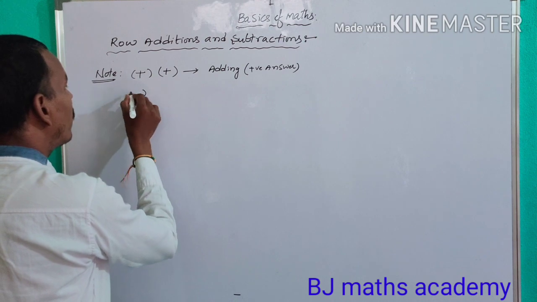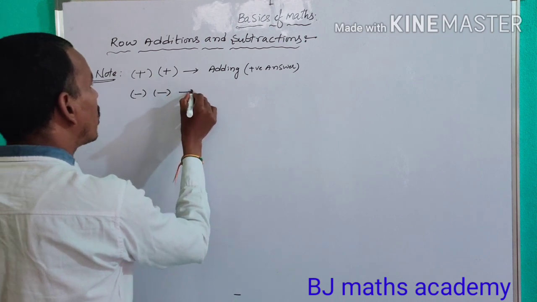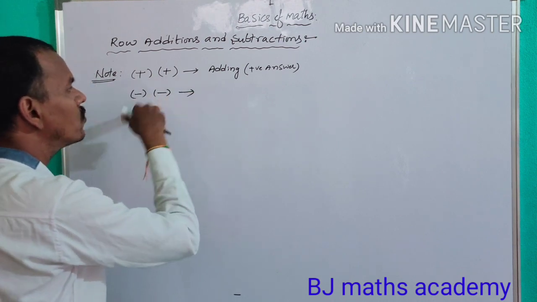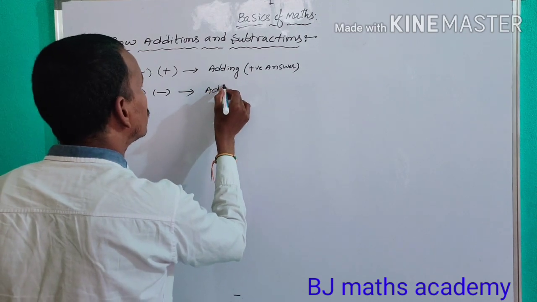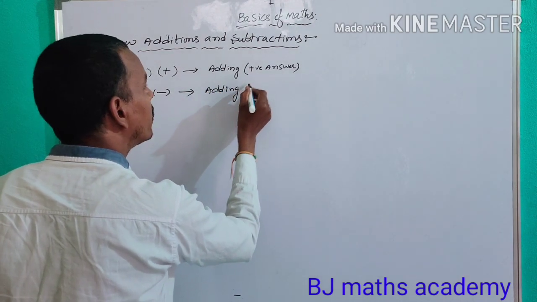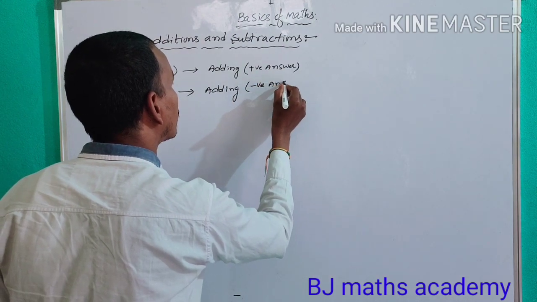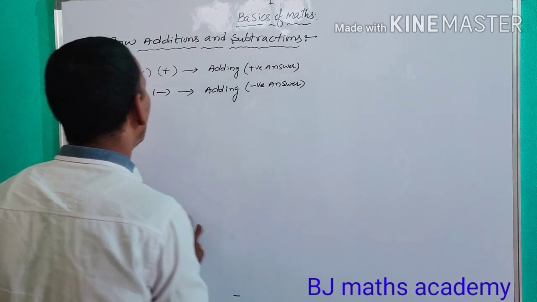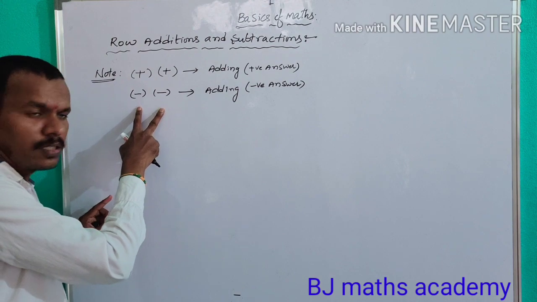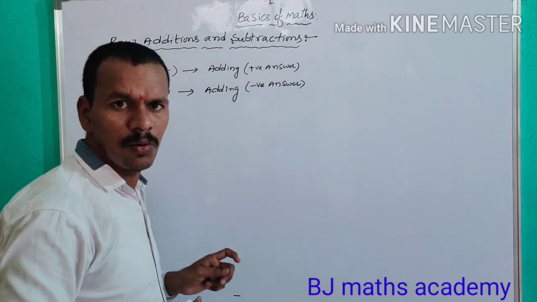And when we add two negative terms, if both are negatives, we can add them, and the answer is negative, because we are adding negative terms.